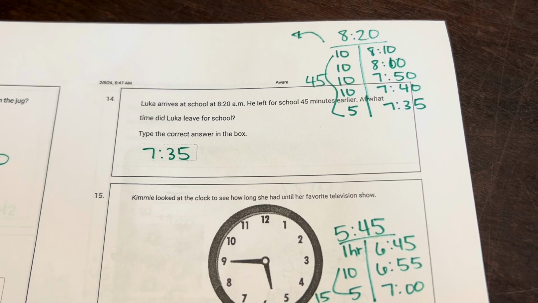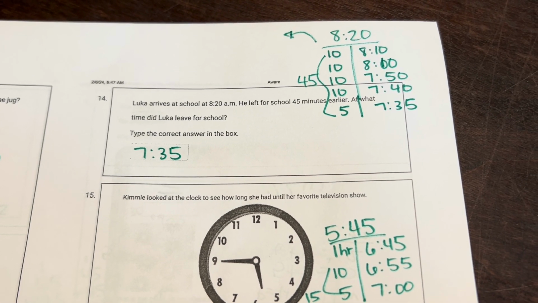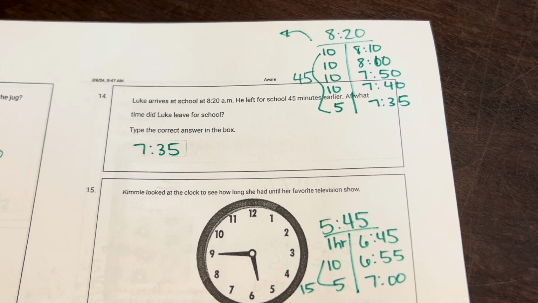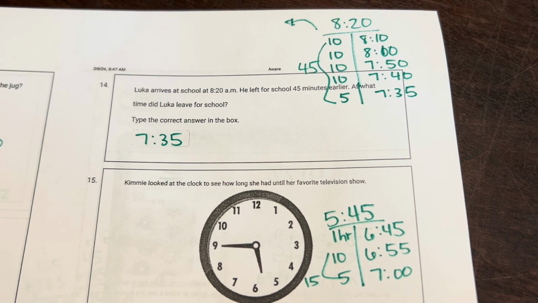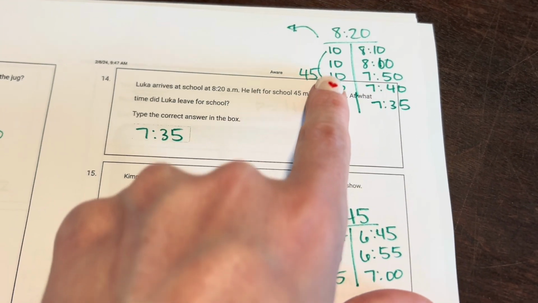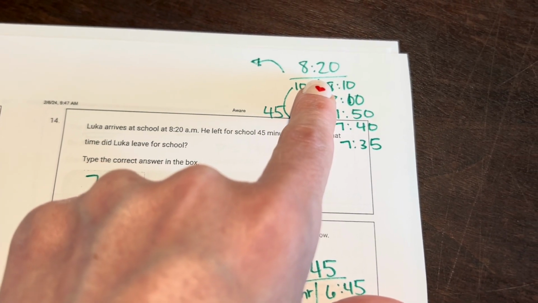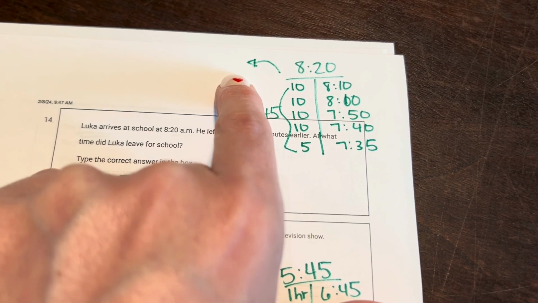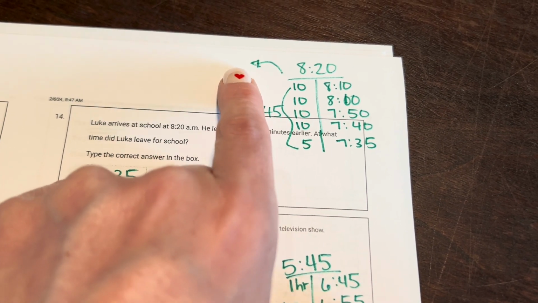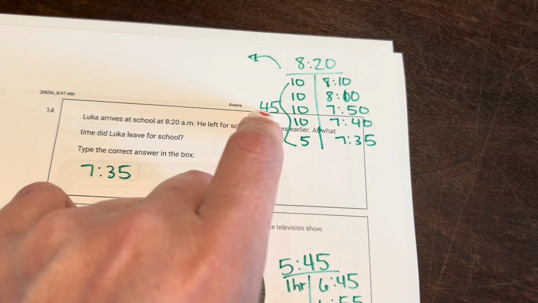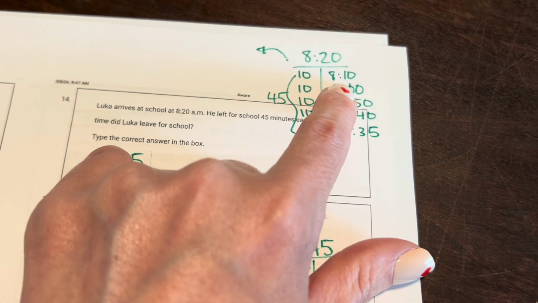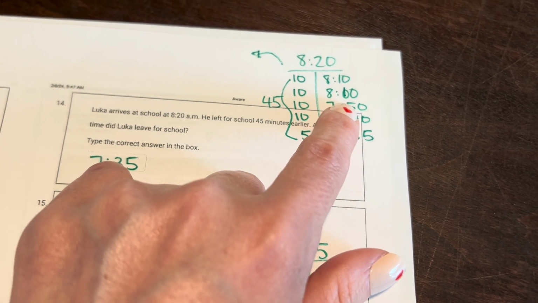Number 14, Luke arrives at school at 8:20 a.m. He left for school 45 minutes earlier. What time did he leave for school? So again, you should have made a T-chart and put 8:20 at the top, and you're working backwards. You have to go 45 minutes backwards to see what time he left. 10 minutes would be 8:10. 10 more minutes would be 8 o'clock.